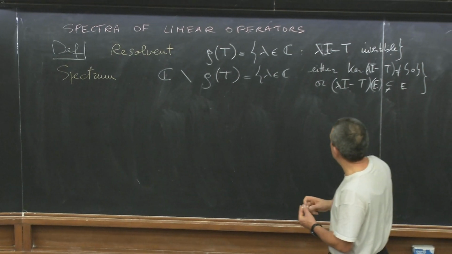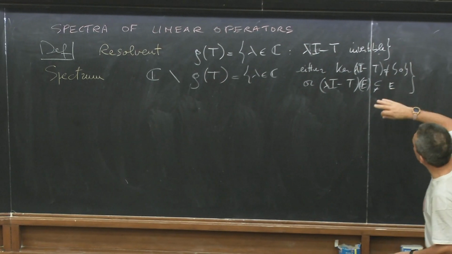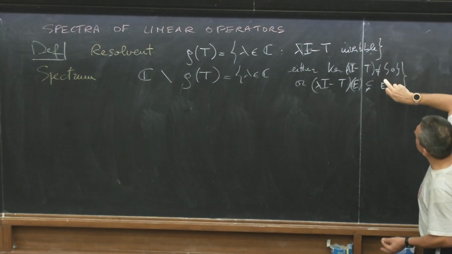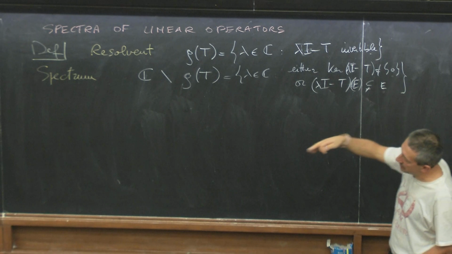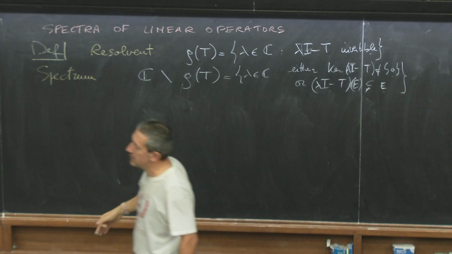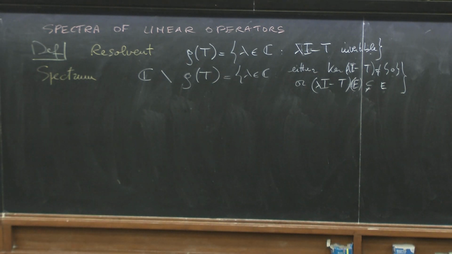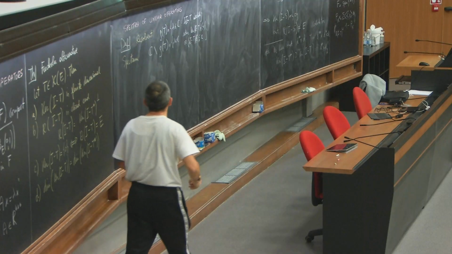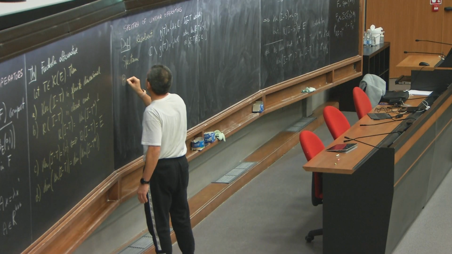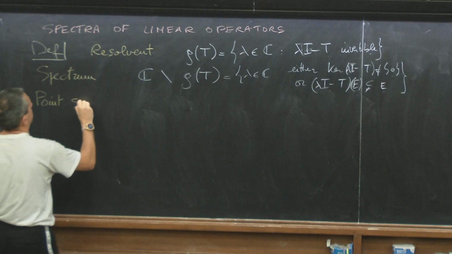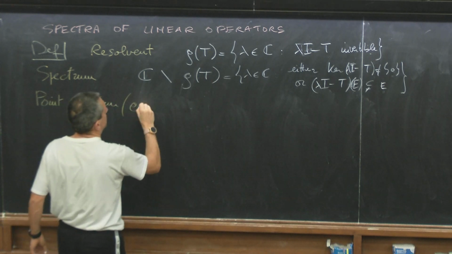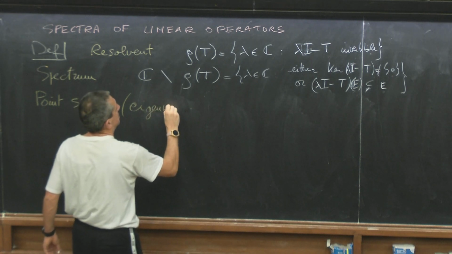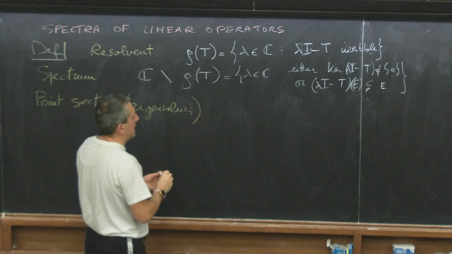And so it may happen that, for example, this is 0, but this is not the whole set. However, from the point of view of eigenvalues, we need that the kernel is not 0 here, so there is a third definition, which is the point spectrum, which are the eigenvalues.